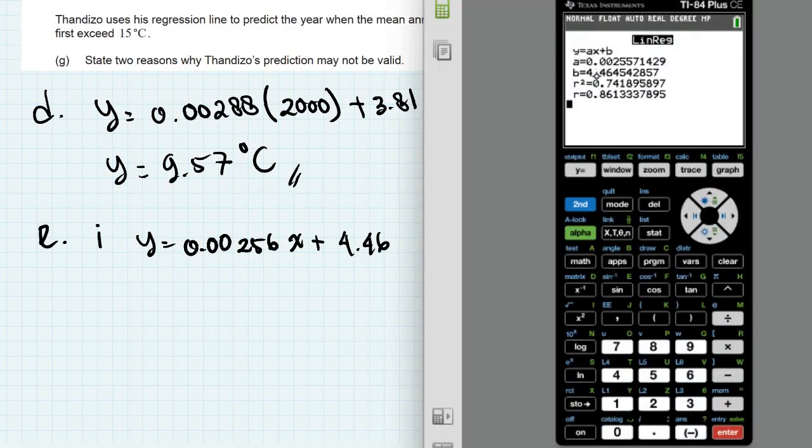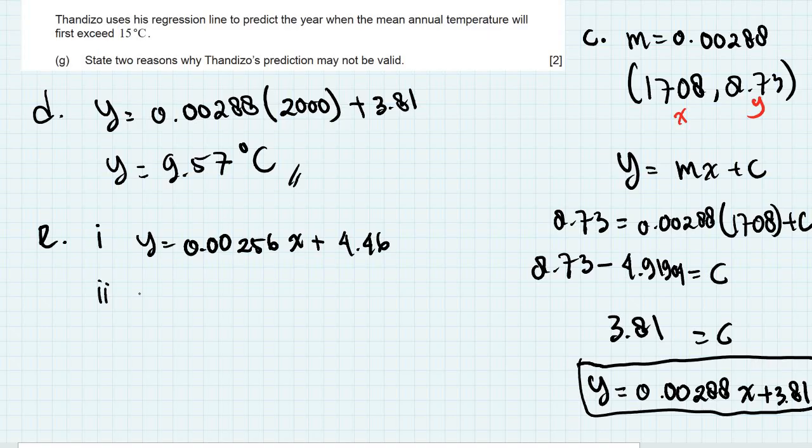Let's make sure that it is correct. 0.00256x, and then b is 4.46, and then II, R equals 0.861. Okay, that's the Pearson correlation coefficient.